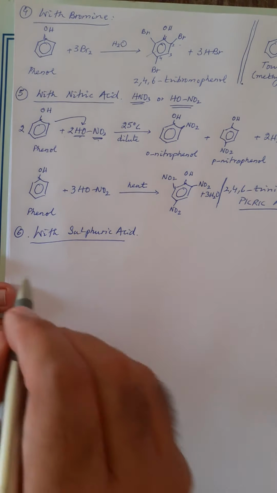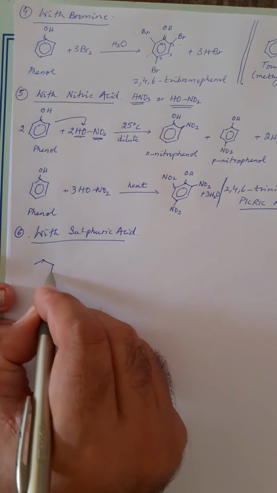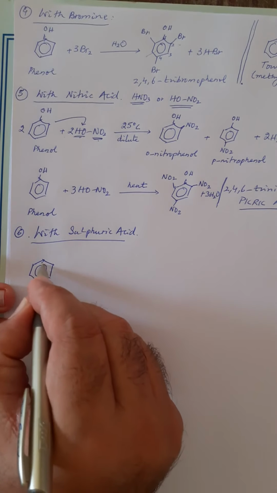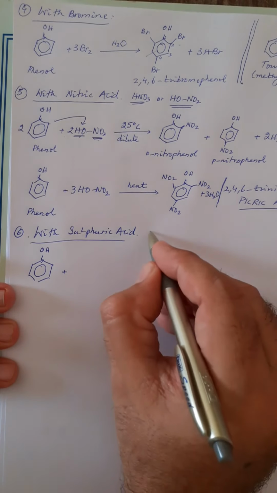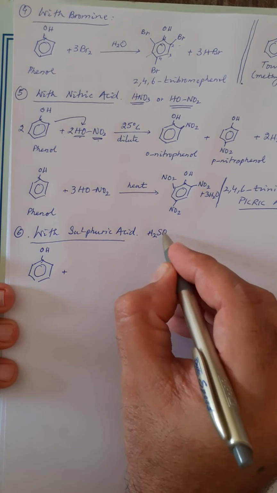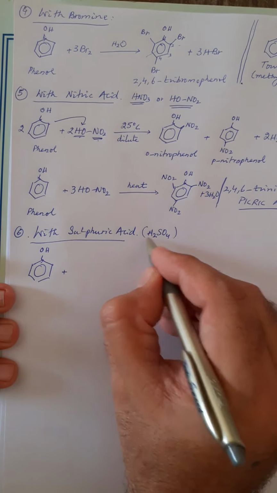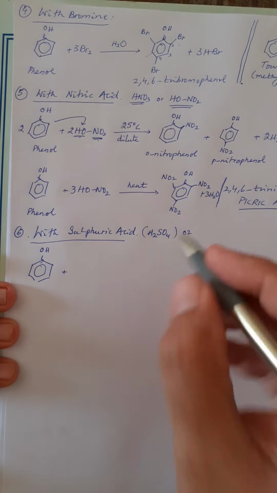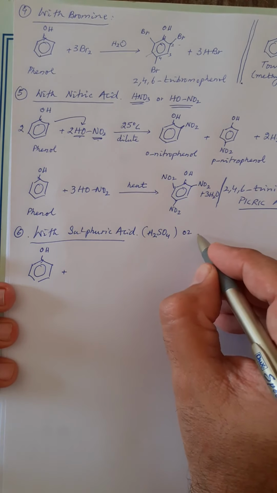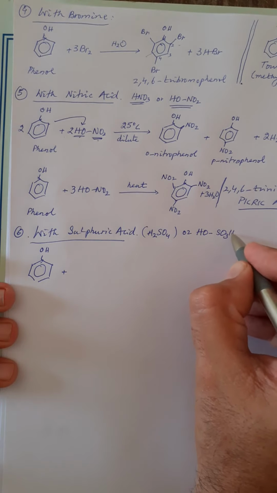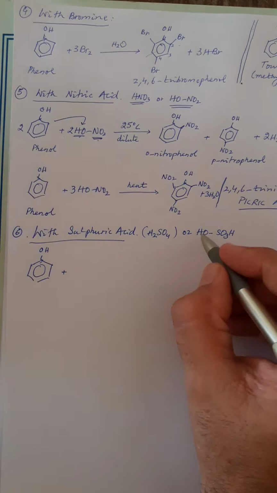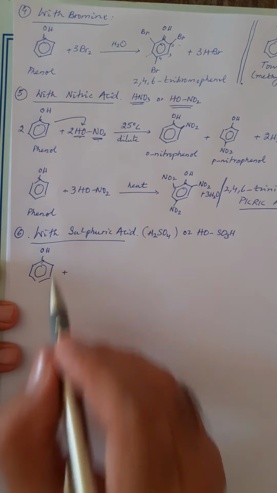In the first case, we need phenol to start with, and sulfuric acid is H2SO4. Now, this is mostly written in organic chemistry as HOSO3H. So the HO, you can guess, makes water with the hydrogen being replaced from here.